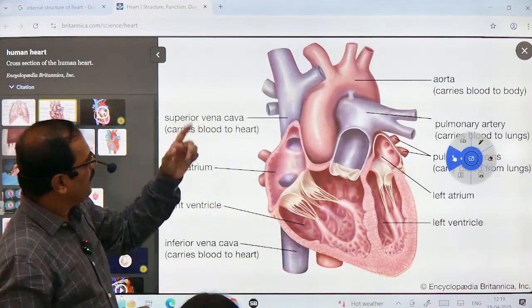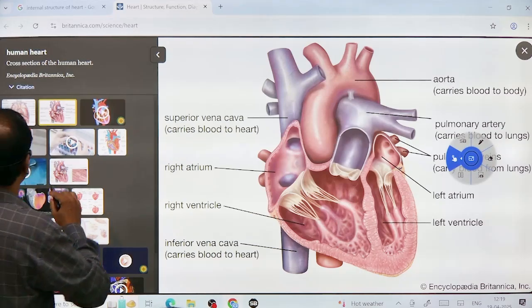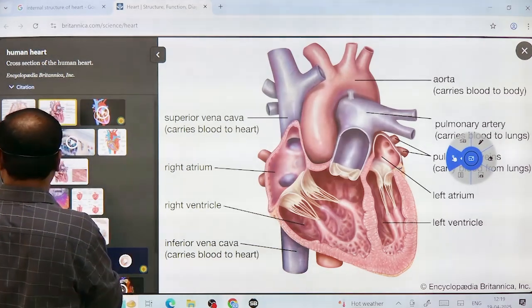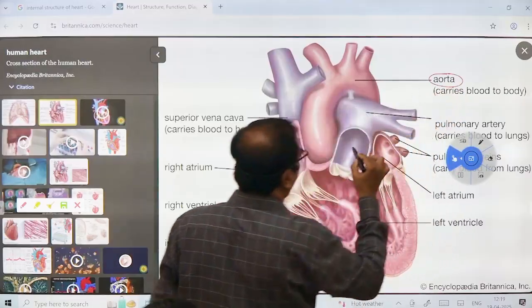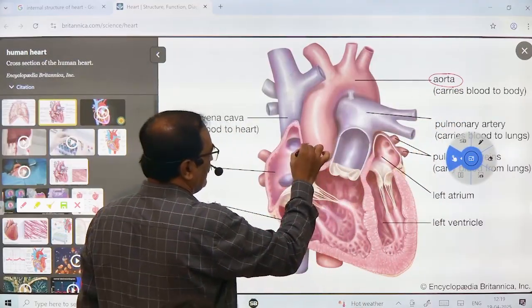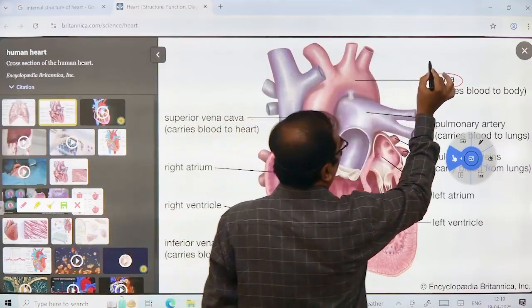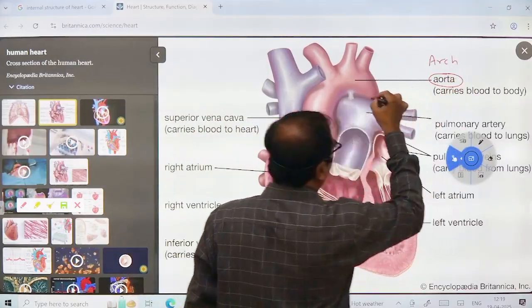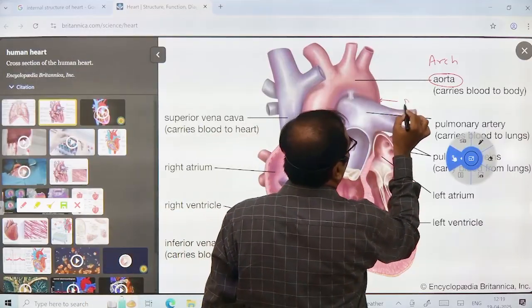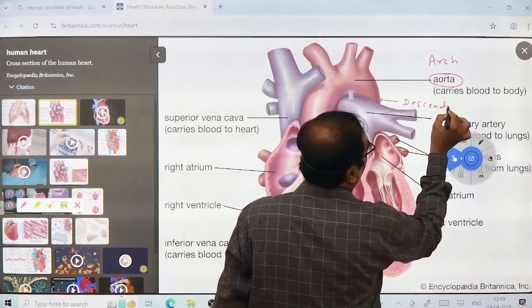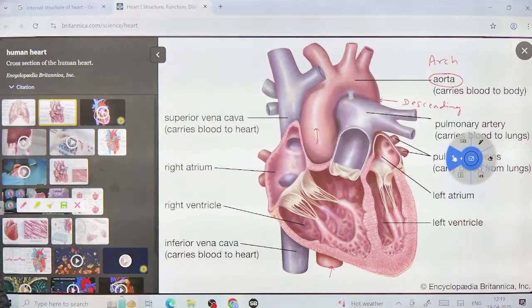See what is this? Aorta. And how many branches are there of aorta? Three. Before that, aorta is divided into three parts. This is called ascending aorta. It is called arch of aorta, and the lower one is called descending aorta. So write there first: parts of aorta, three parts.